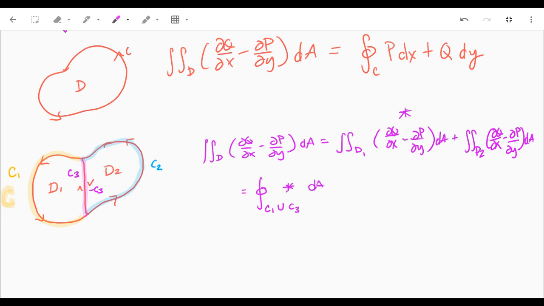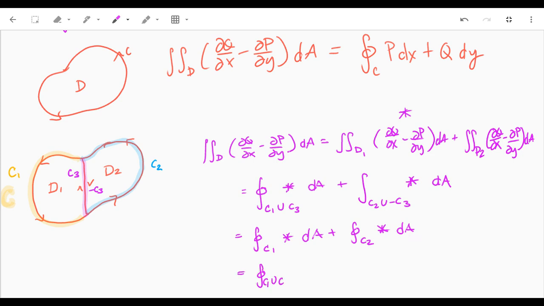Plus the integral over C2 and negative C3, which the C3's cancel each other out basically. So it's a line integral over C1 plus your line integral over C2. So it's just your line integral over C1 and C2, just like that.